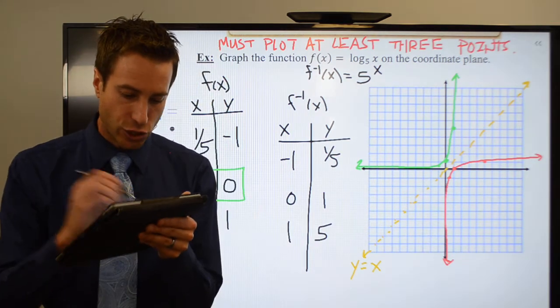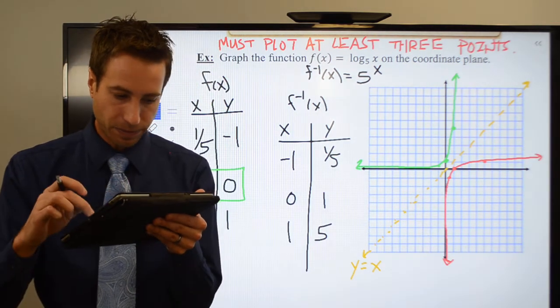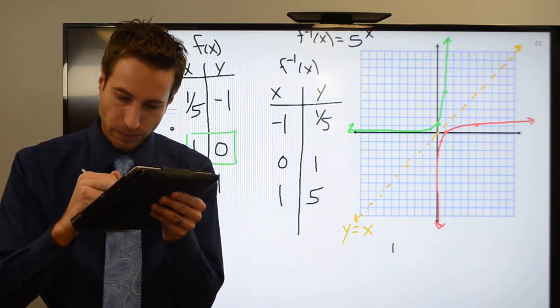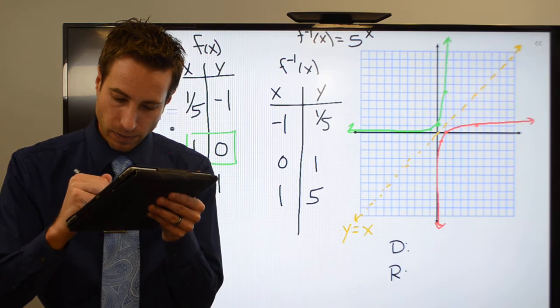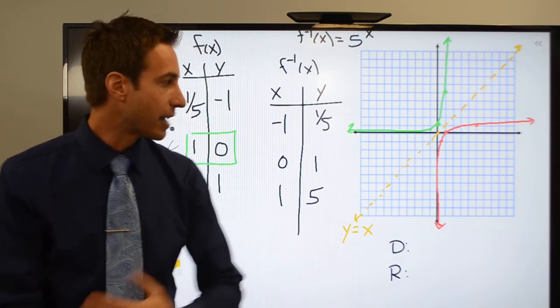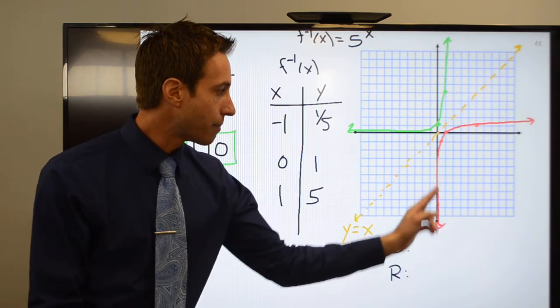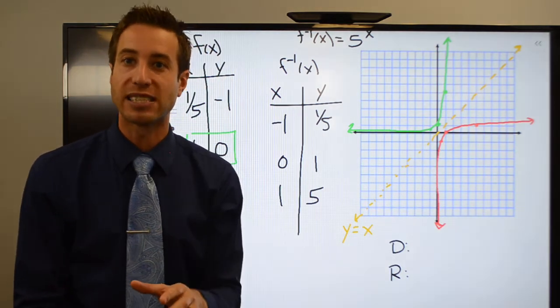Also, domain and range, just real quick here for this guy. Talk about the domain and range. Here's the way that the domain and range works. Please notice the logarithm, right? My logarithmic function does not cross the x-axis.